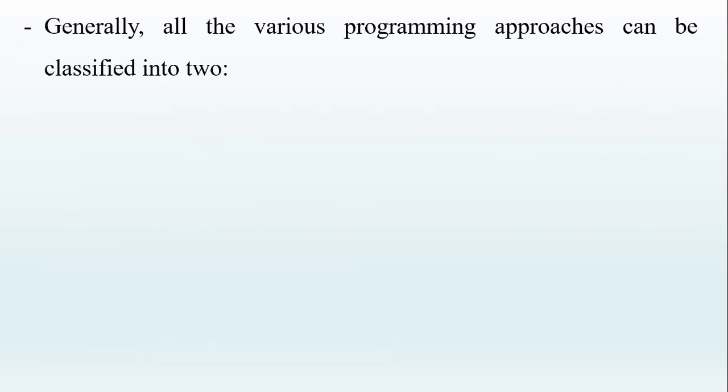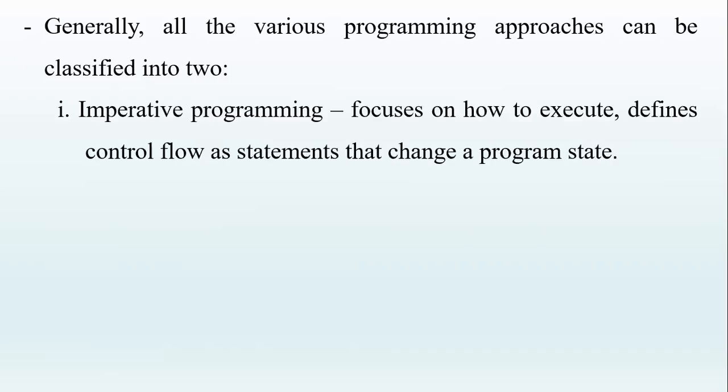Generally, all the various programming approaches or paradigms can be classified into two. Number one is imperative programming, which focuses on how to execute, defining control flow as statements that change a program state.